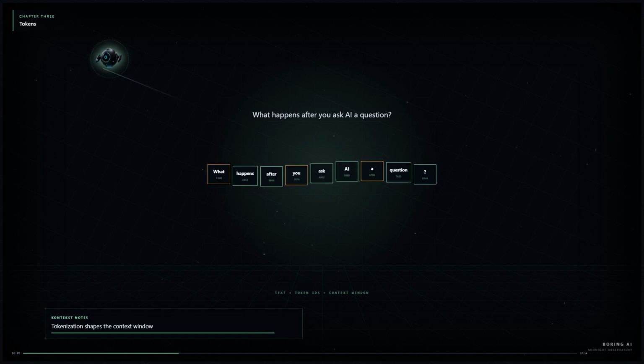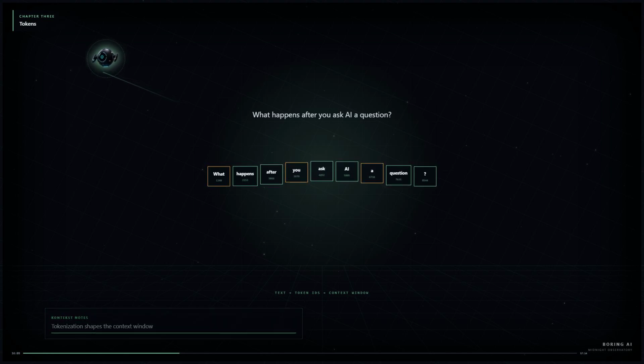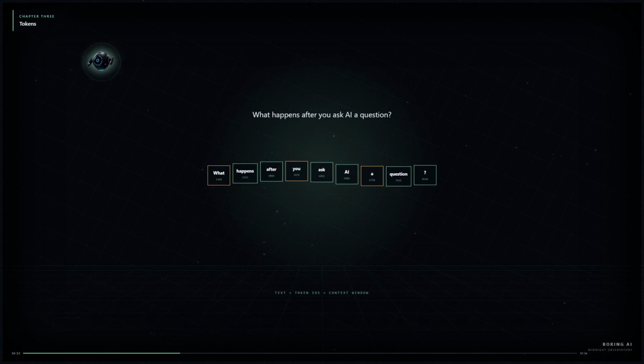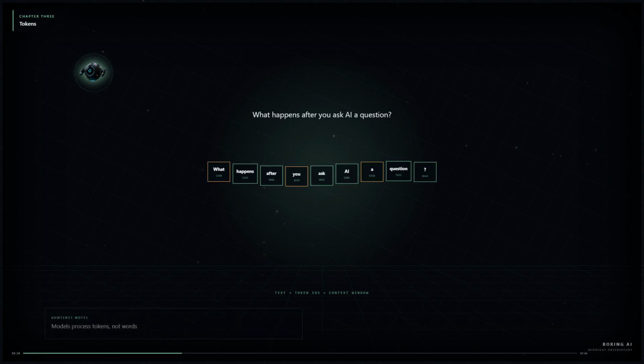Tokenization is not linguistic truth. It is an engineering compromise between a vocabulary that is too small and one that is too large. If every token represented only one byte or character, sequences would become long. The model would need more steps to represent ordinary language.